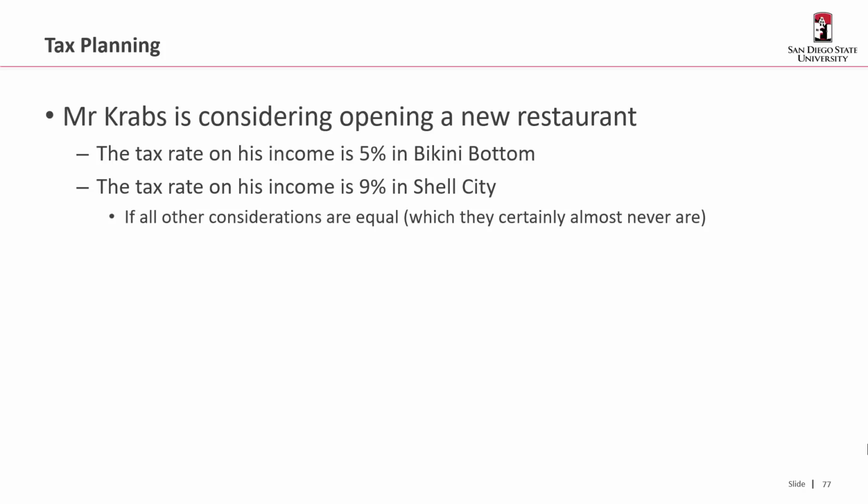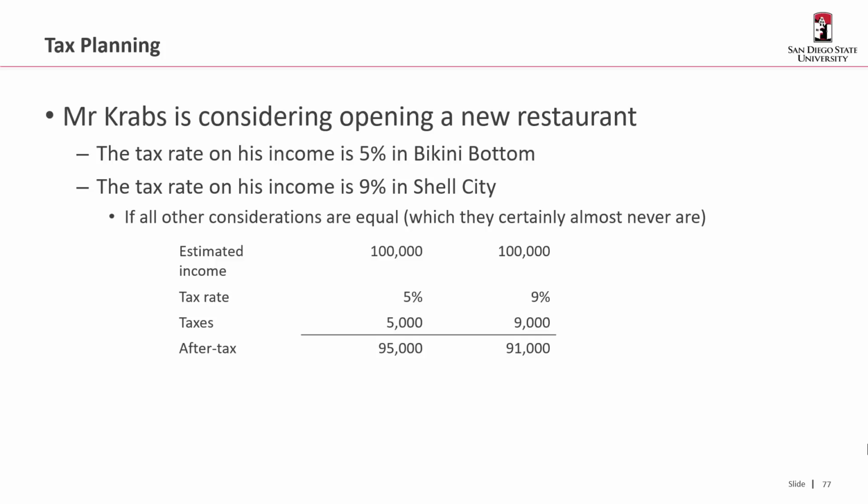So if all other considerations were equal, and they almost certainly never are, this is how that would work out, right? Obviously, the lower tax rate is going to drive smaller taxes, which is going to yield greater after-tax cash flow or value. So this is a simple tax saving strategy that employs shifting income between jurisdictions.